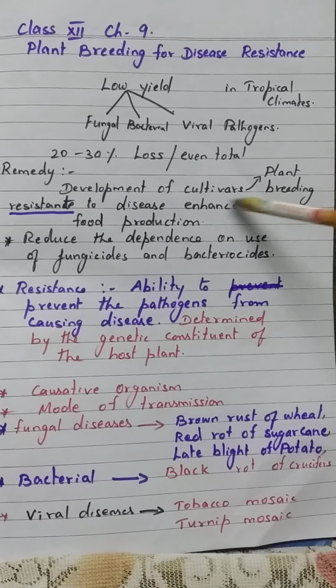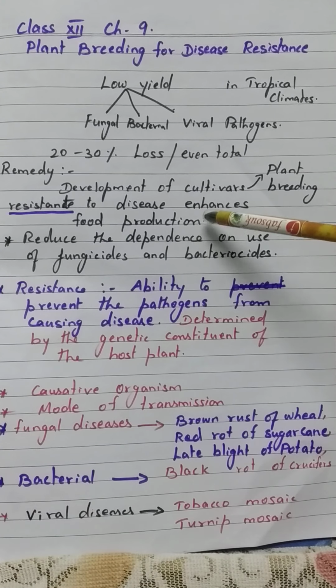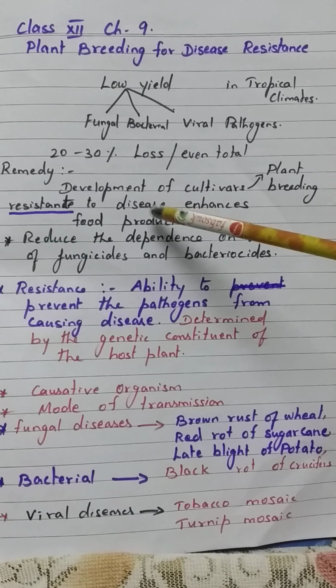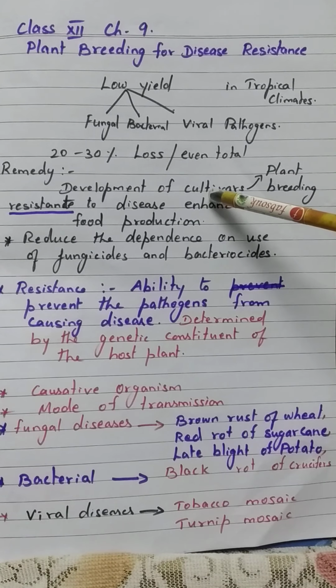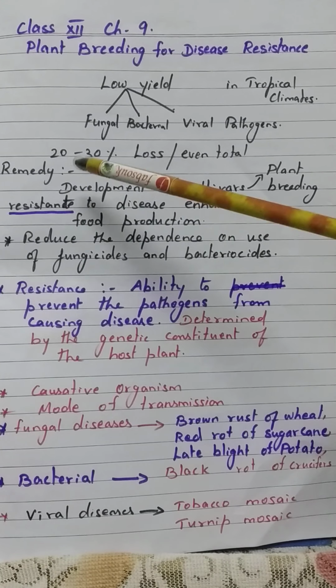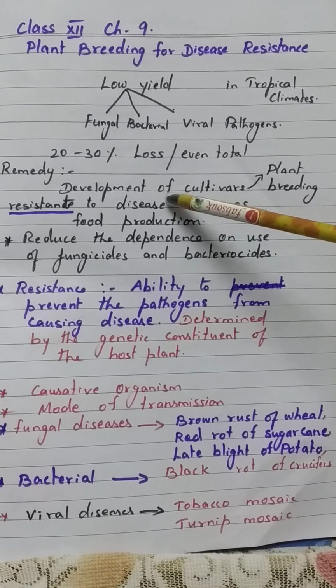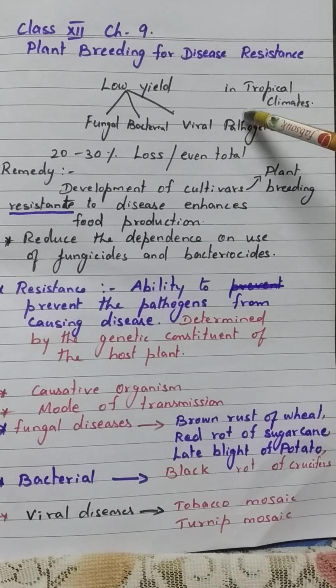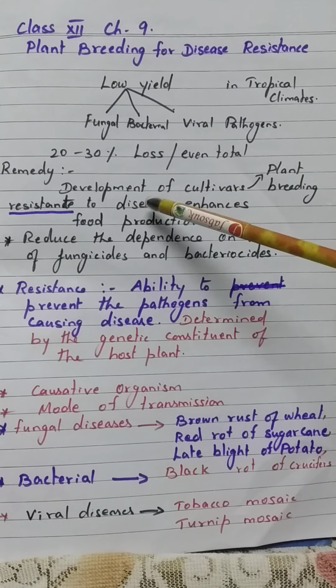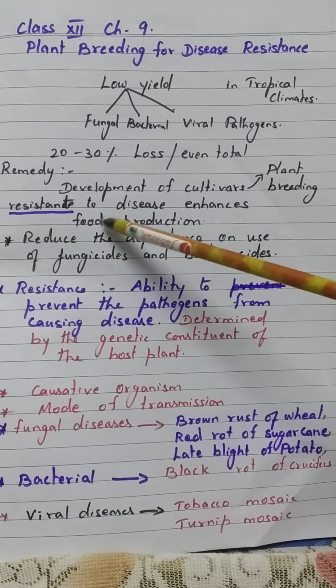This enhances food production. When the hybrids have resistance against diseases, the pathogens cannot infect them and there will be more food production.